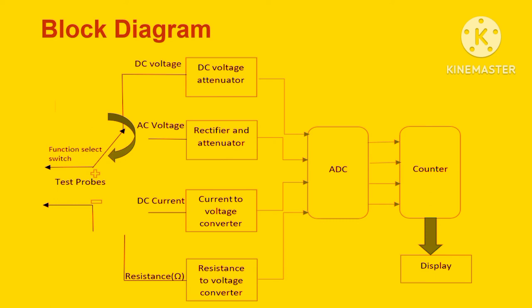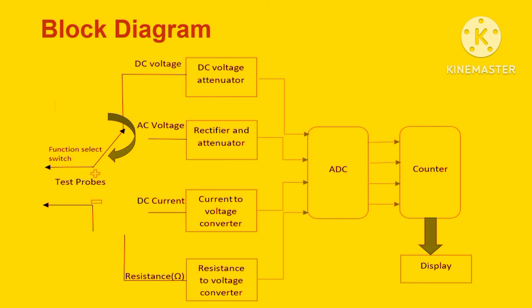Now first, DC voltage attenuator. This is basically a resistive potential divider with multiple resistors connected in series between the inputs and the ground points. The function of this block is to attenuate. Now what is meant by attenuate? To reduce the amplitude.